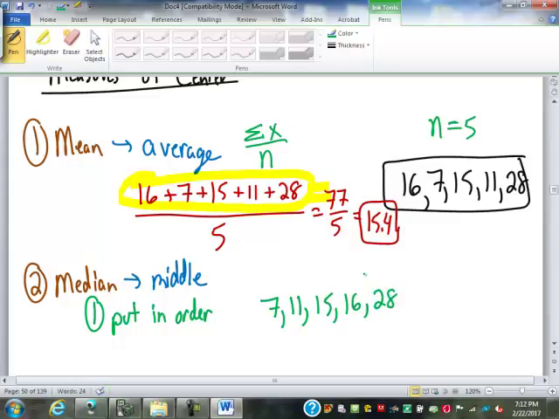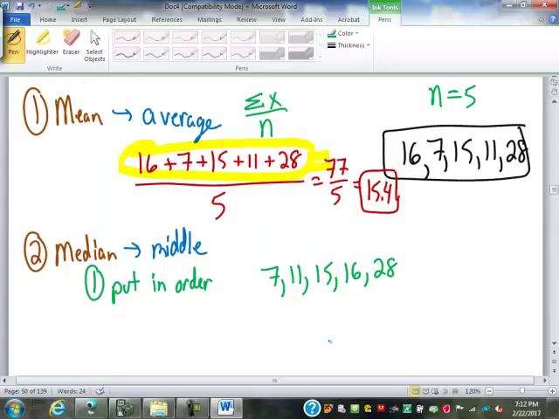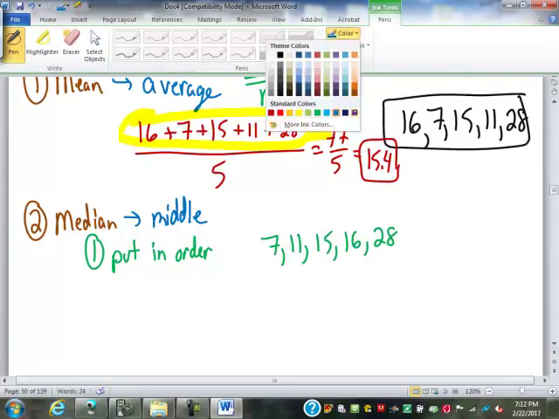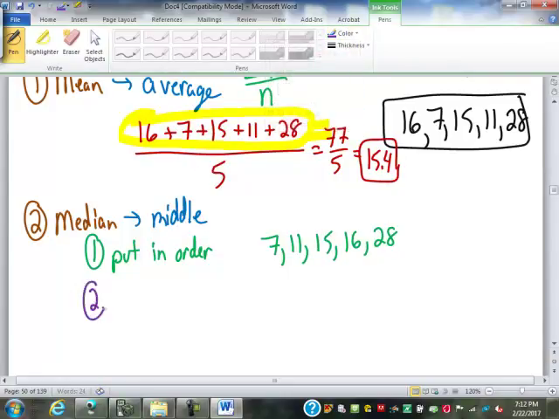Now, this is a really small set of numbers, so I can just look at them and see what the middle number is. I can see that the 15 is in the middle. But if it's a larger set of numbers, I would go through finding the position of the median.